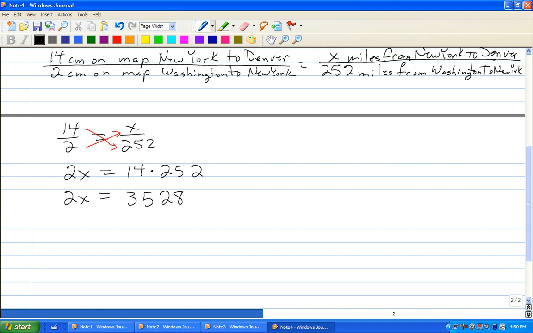Let me divide both sides of my equation by 2. And so x is equal to 1,764.